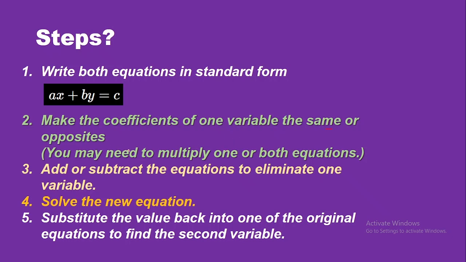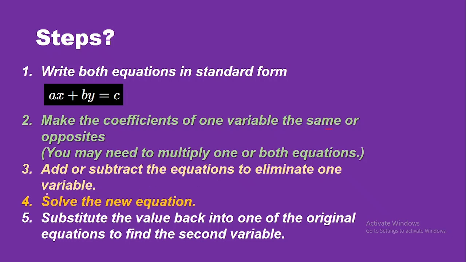There are cases where you'd have to multiply either one or both equations in order to make one variable have the same or opposite coefficients. And the third step is to add or subtract the equations to eliminate one variable. So in order to eliminate one variable, we have to add or subtract the equations.